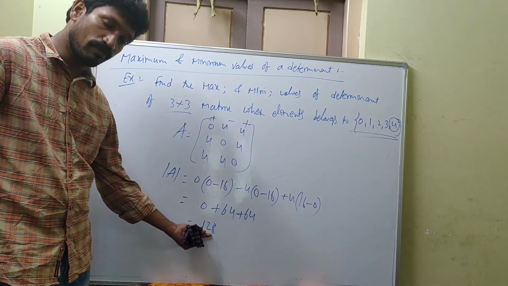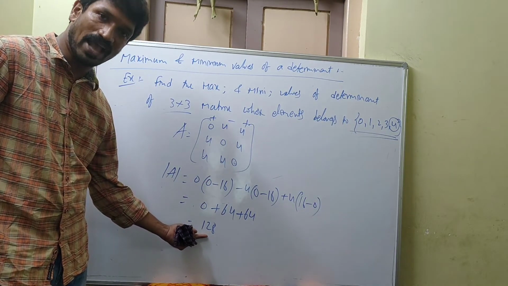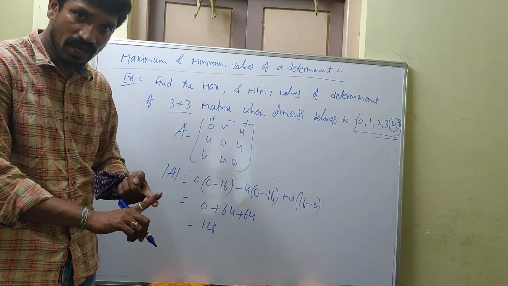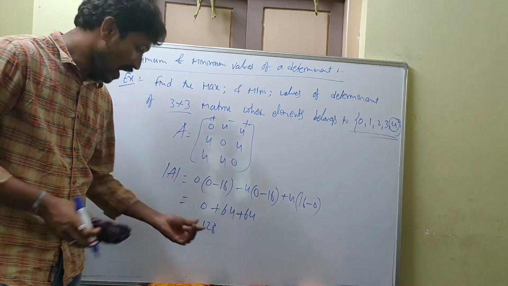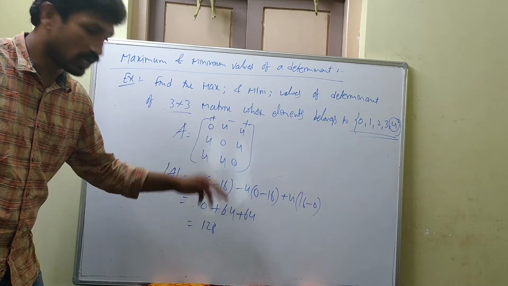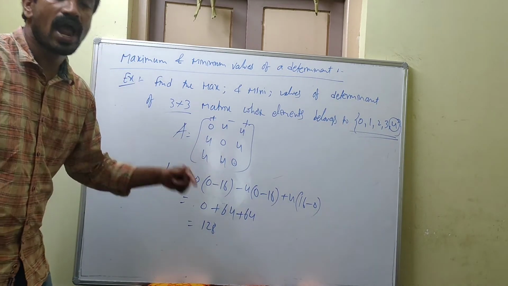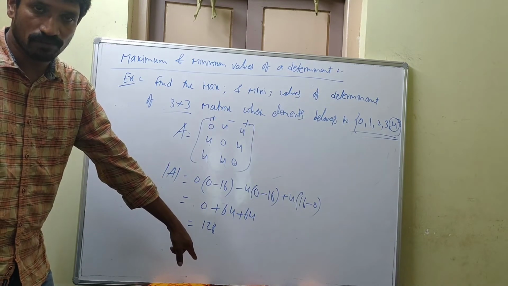If you get minus 128, that is the minimum value. If you get plus 128, this is the maximum value. But whatever may be here, the maximum and minimum values have the same value 128 but in opposite sign. Okay, if you got 128 here, this is the maximum value, and the minimum value becomes minus 128 only.